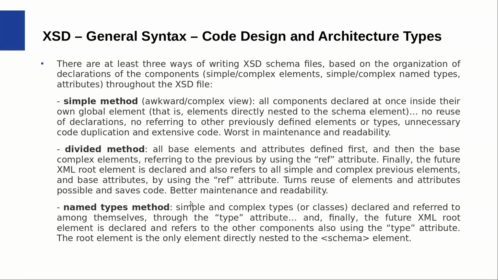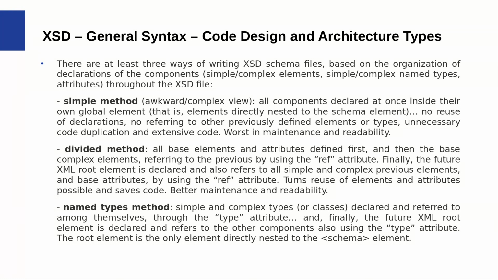You mainly declare simple types, then you declare complex types with element declarations inside those complex types, but the types of those elements declared in the complex types just refer to the simple types you've already declared, using the attribute type here and the name of those globally defined types.